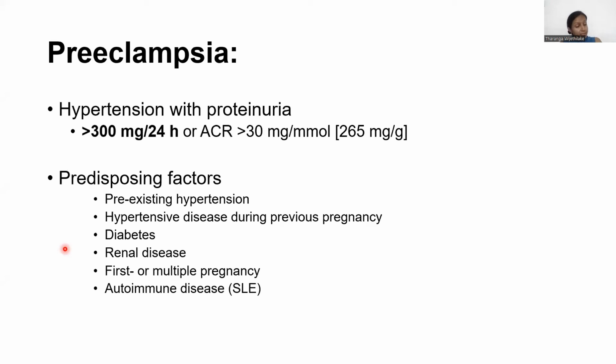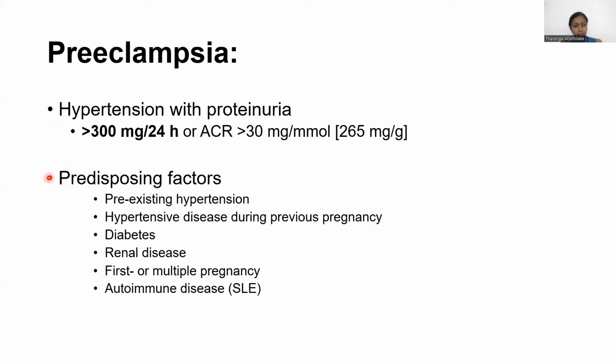Okay, now what is preeclampsia? This is hypertension with proteinuria. When we say proteinuria, it has to be more than 300 milligrams for 24 hours. What are the predisposing factors?